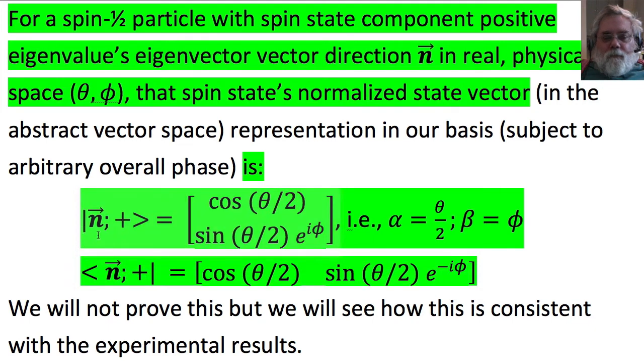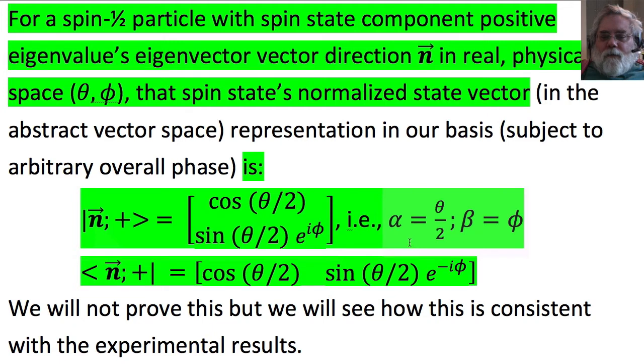Ket n plus, so pointing in the positive direction of the n vector. The components of the spin state vector are cosine theta over 2 for the first component, sine theta over 2 e to the i phi for the second component.